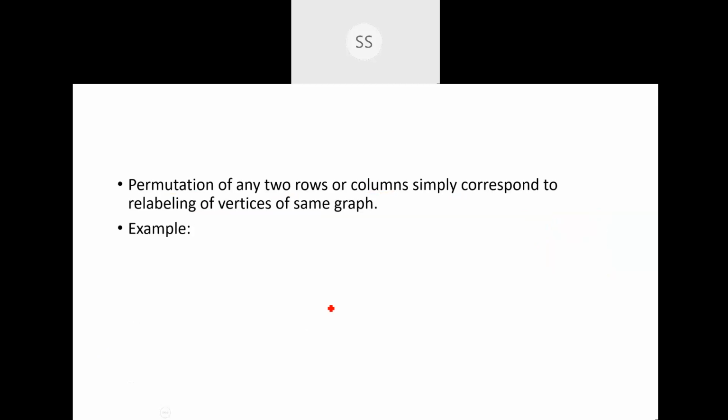Simple example for this. Say we have V1, V2, V3 and V4.